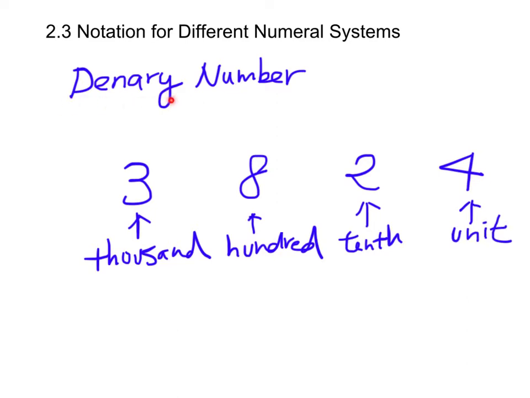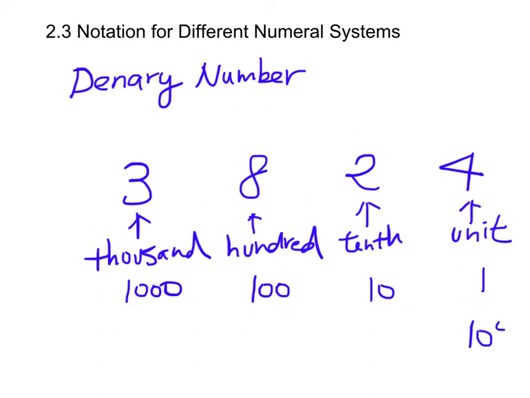Since we are dealing with Denary numbers, 1 is the unit, 10 stands for 10, 100 is 100, and 1,000 is 1 followed by three 0s. We can see that these are all exponents of 10.